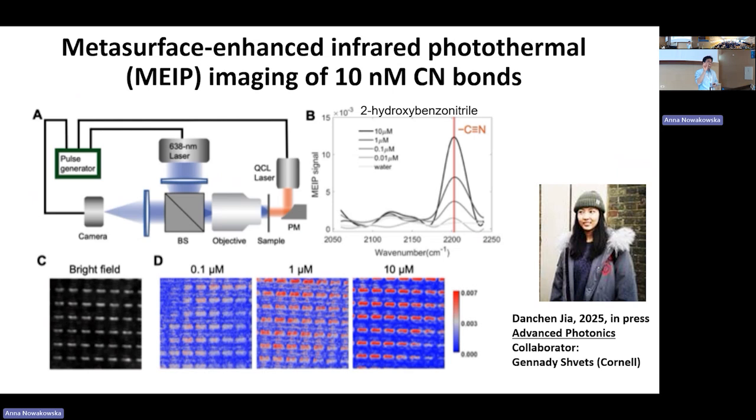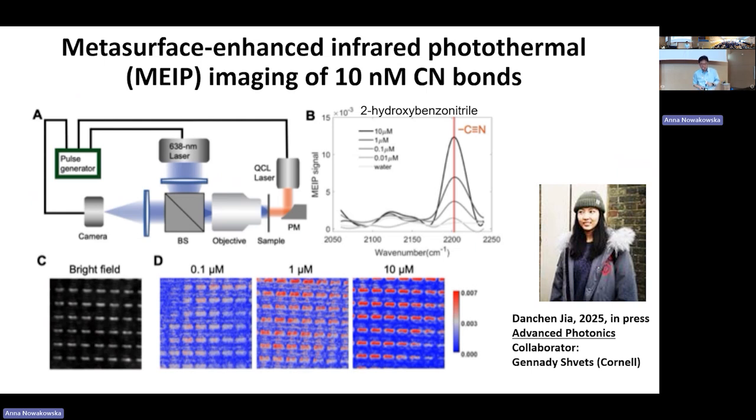This is the antenna when you control the nanorod length to be half of the IR wavelength. So this can locally enhance the IR field by up to 1,000 times. So now if you put a molecule near the gold surface, the mechanical bonds can locally modulate the heat transfer to the gold nanorods.